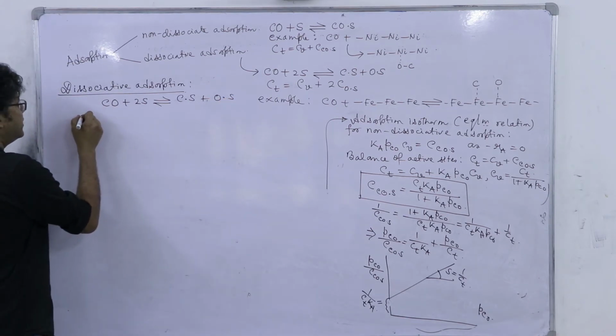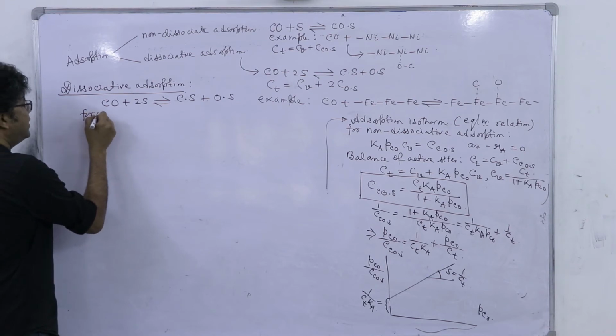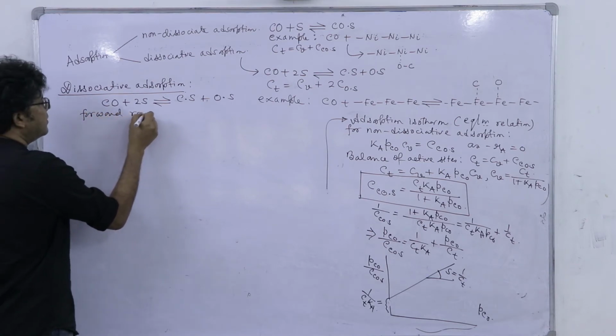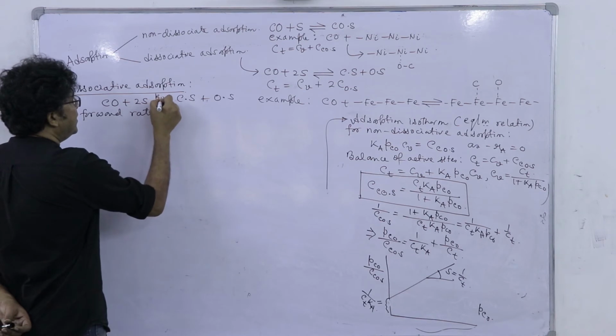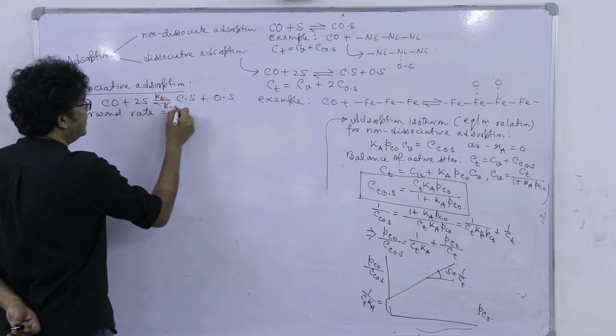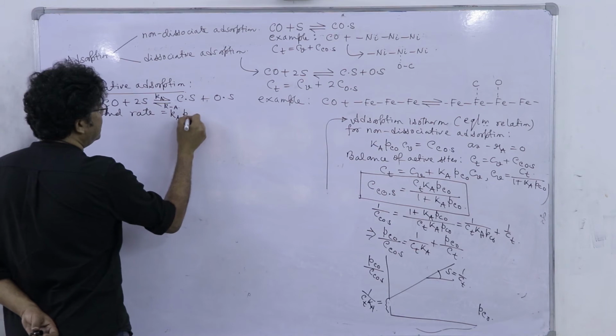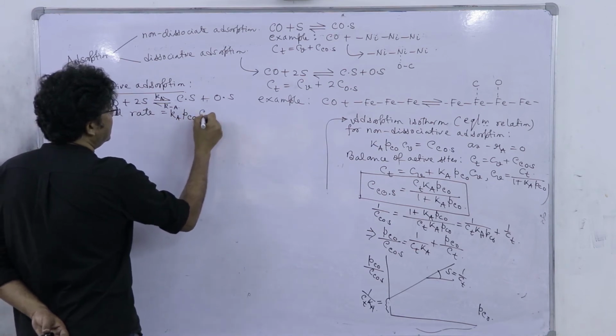So, here the forward rate, here Ka, here K minus A, so Ka into PCO into Cv square.